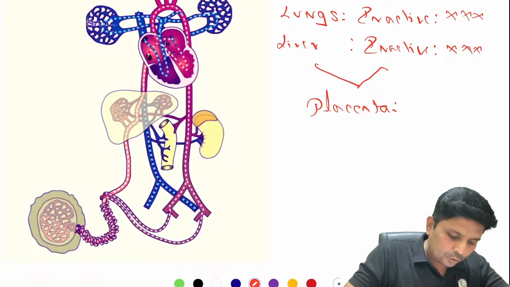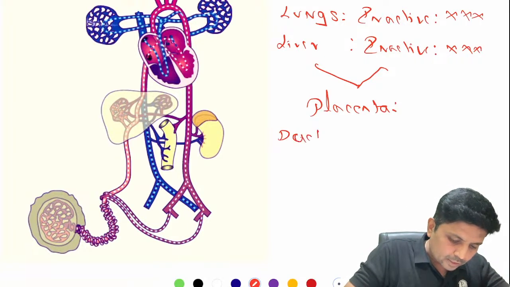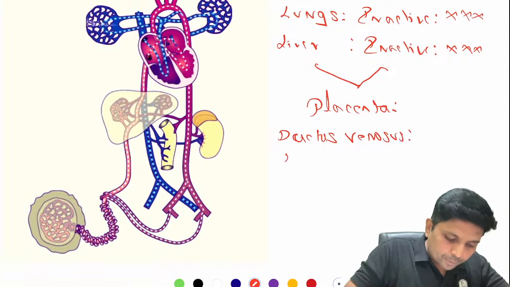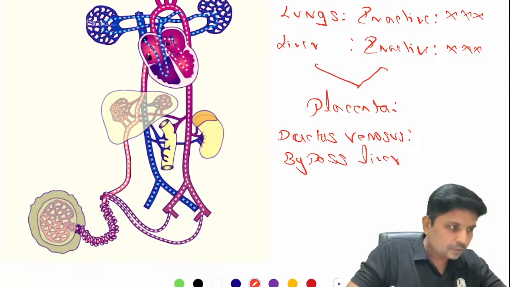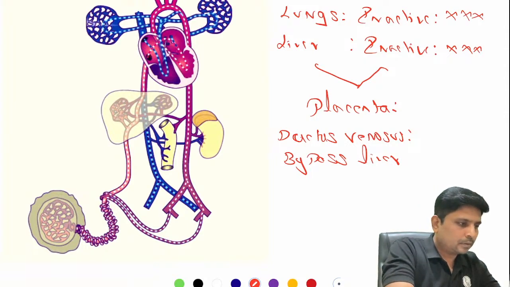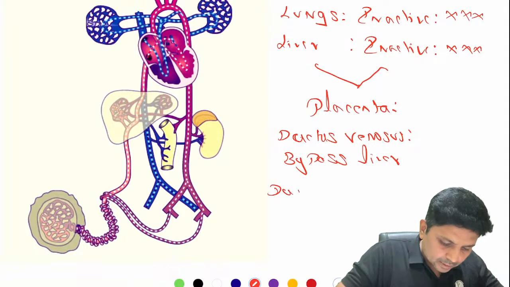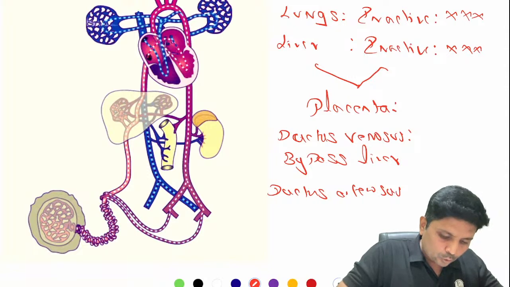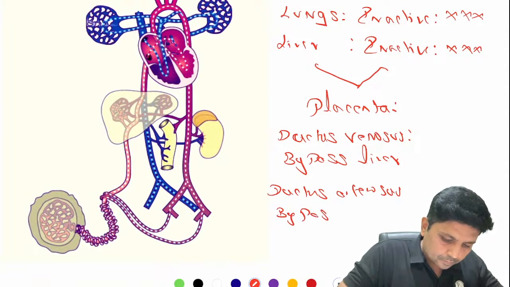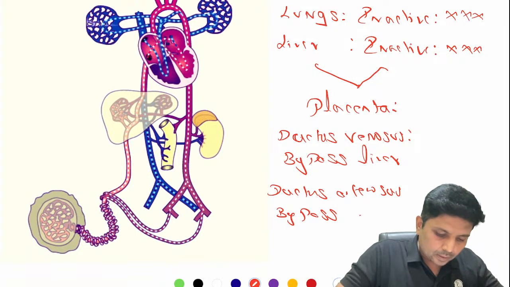So what will happen? God has given two things. One is the ductus venosus to bypass the liver. Second one is the ductus arteriosus to bypass the lung.